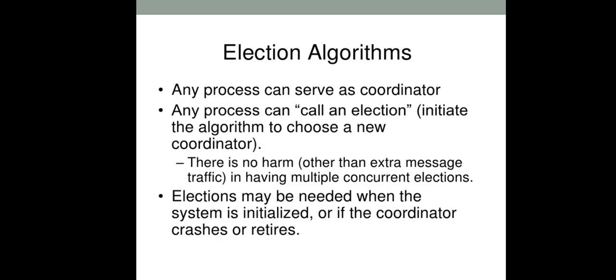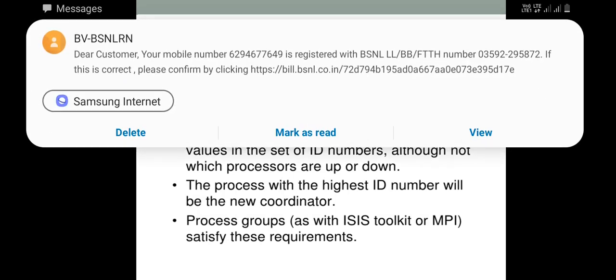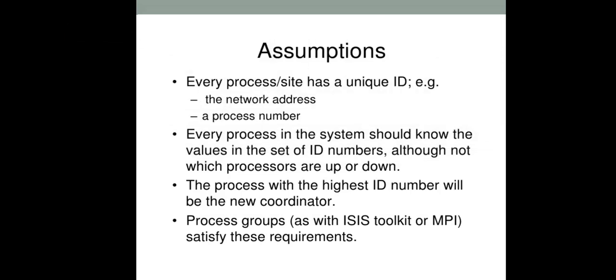To make it simple, the election algorithm assigns an ID to all the processes in the distributed system, and every election algorithm elects the process having the highest ID as the next coordinator. So, the coordinator will be that process in a distributed system which is currently having the highest ID.